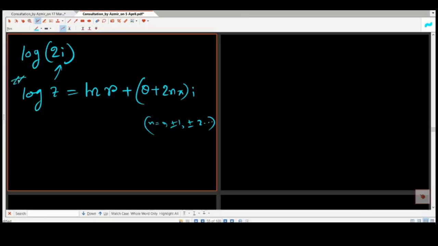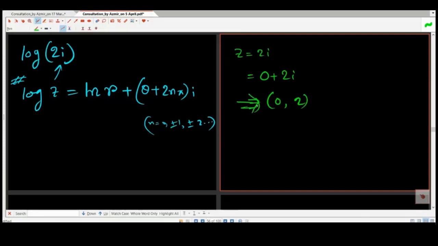That means we have to find the polar form of 2i. It is 0 plus 2i, that is the point is 0 comma 2. So 0 comma 2 is here. So r equals root over 0 squared plus 2 squared. That means root over 4, that means 2. We have found r.